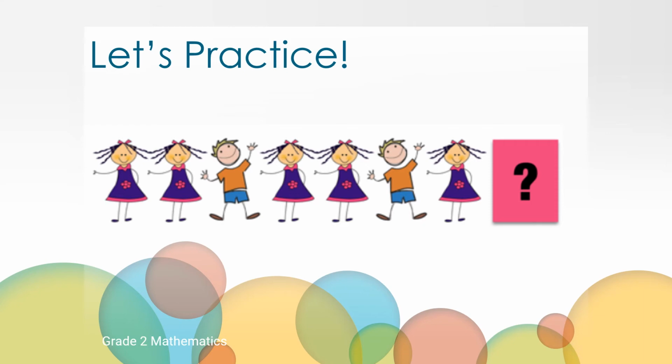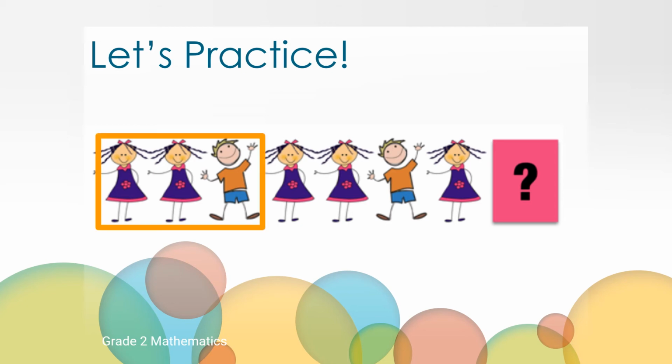Let's practice. What do you notice about this pattern? Maybe you noticed the colors purple and orange, or that there are girls and boys. Take a moment and describe the core, or the part that repeats in this pattern. You are right.